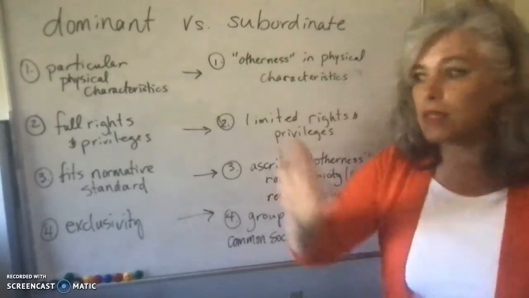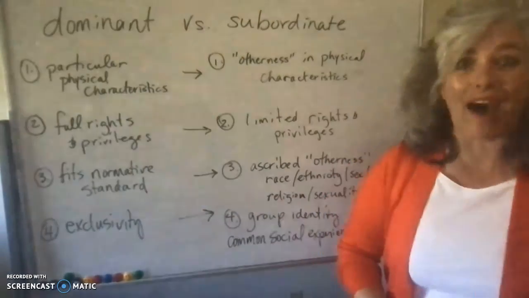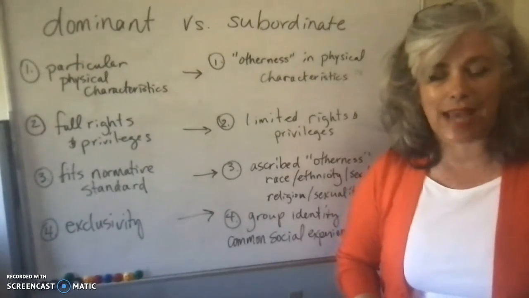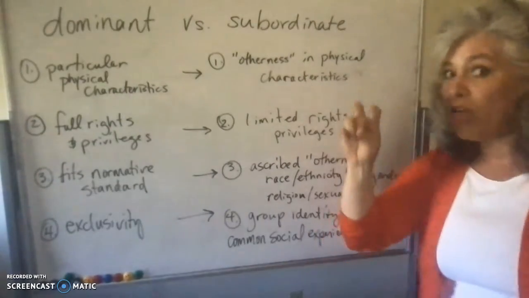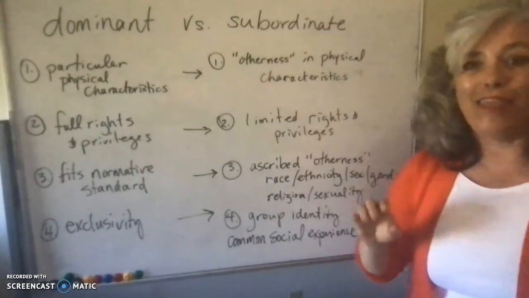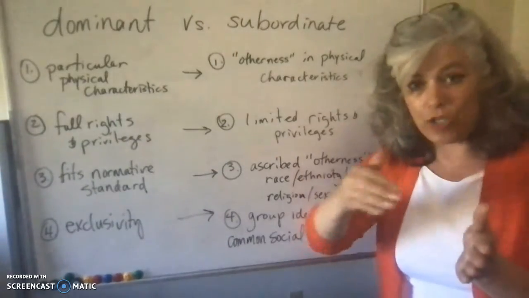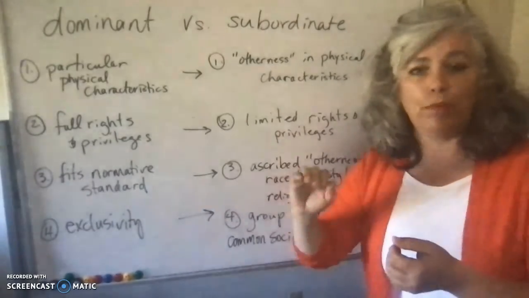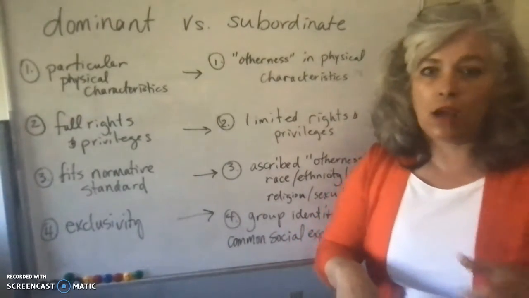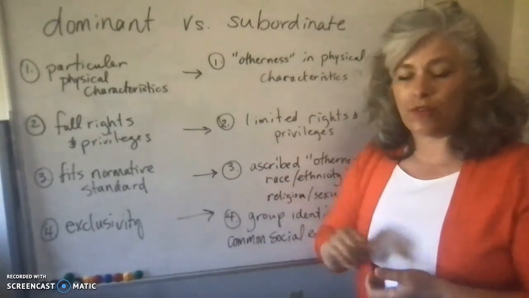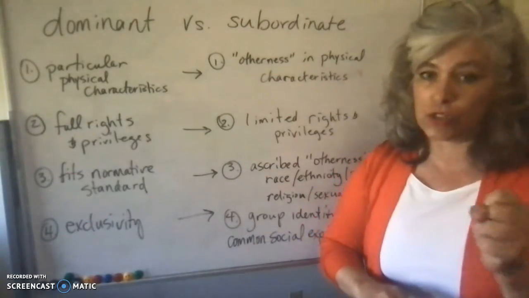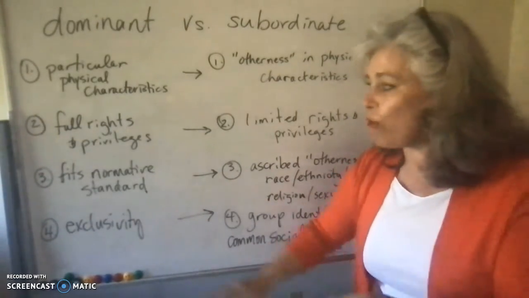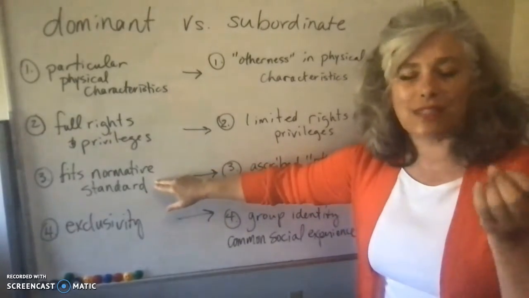Now, you don't have to be Islamic in Saudi Arabia, just like you don't have to practice Christianity in the United States, but if you are other than that, then you stand out as odd. You stand out as different. If you are Jewish, Buddhist, Hindu, Wiccan, anything that you are in the United States, we have freedom of religion, so you can practice that, but you don't fit the normative standard.